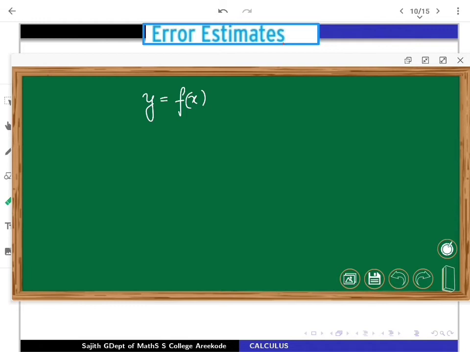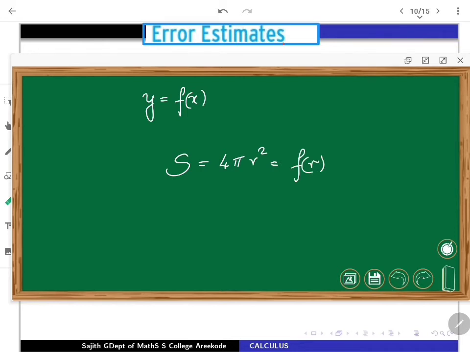Let us look at a live problem. For the time being, just assume that the moon is a perfect sphere, and we would like to measure the surface area of the moon. If you know the radius of the moon, there is a nice formula to find it out. Mathematically, S is given by 4 pi r squared. So S depends on r.